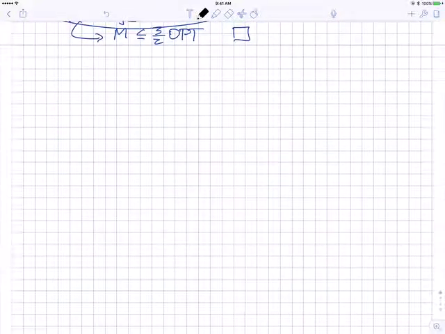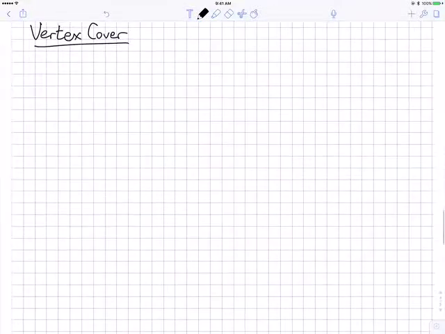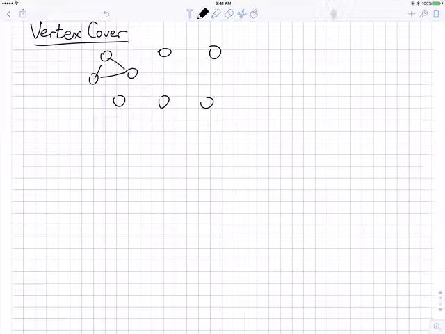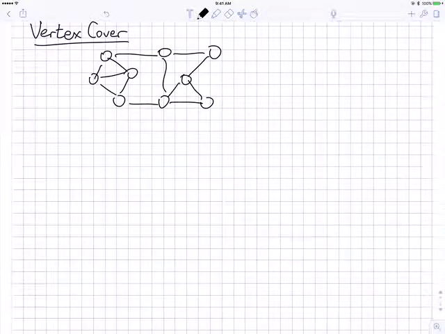Okay, so I'm going to talk about another NP-hard problem where there is an obvious algorithm and it turns out to be pretty good. And so if you remember the vertex cover problem, you're given a graph and you want to find the minimum number of vertices that cover every edge.